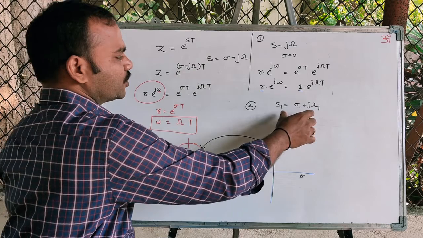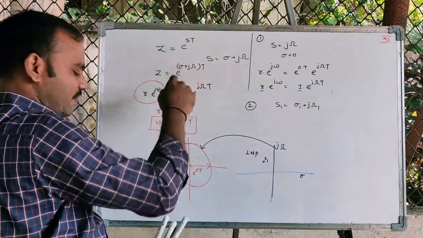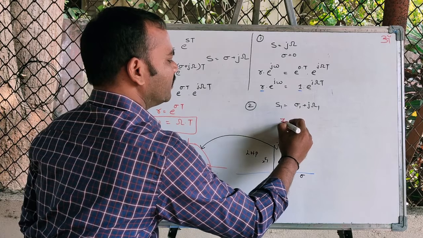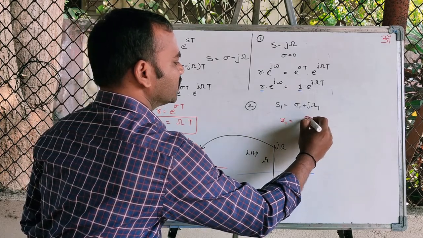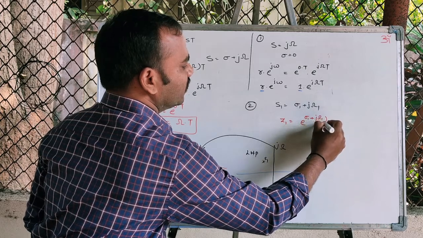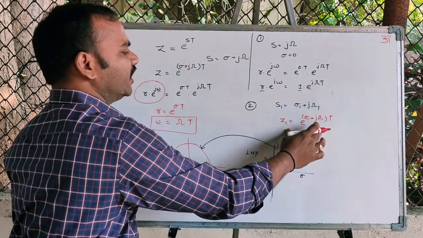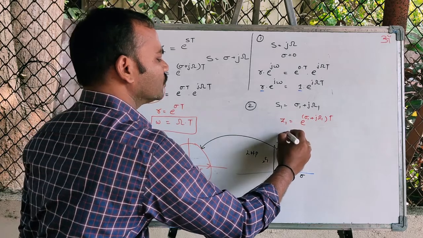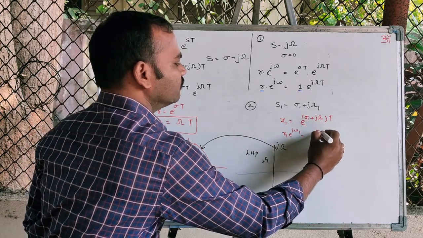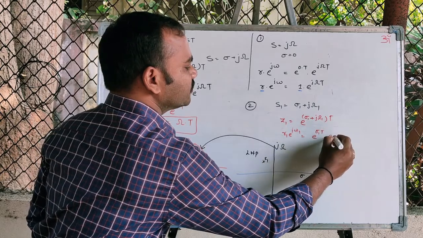Now, if we substitute this pole into this mapping, then we will get z1 = e^((σ1 + jΩ1)T). Now again we will express this z1 in polar form. So r1 e^(jω1) = e^(σ1 T) e^(jΩ1 T).